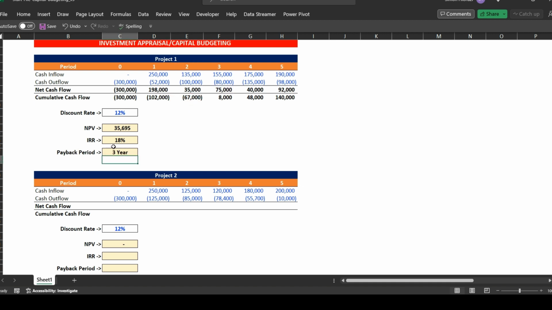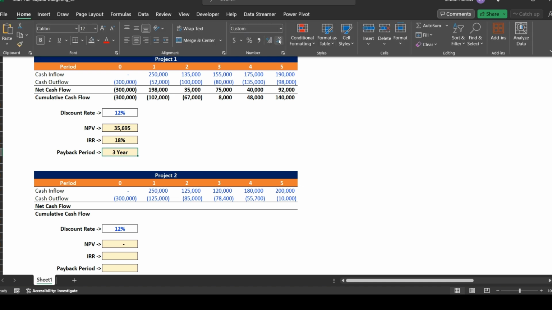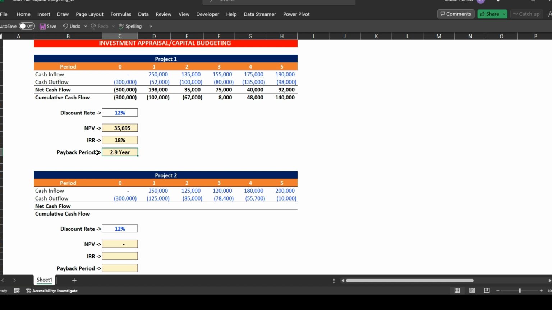So you can see that the cash flow is 3 years. We can also adjust here to maybe 2 decimal places, which is 2.9 years. So as you can see here, it's not entirely exactly 3 years because some portion of the cash inflow was utilized in year 2 as well.